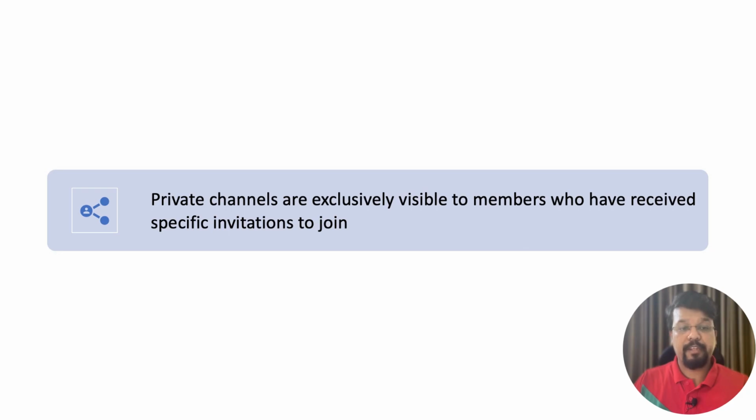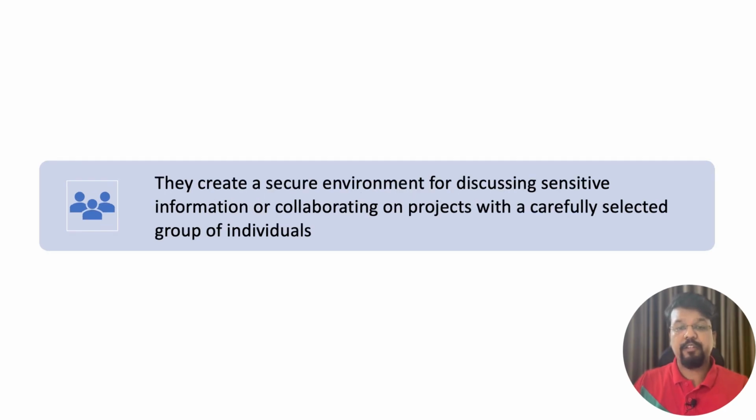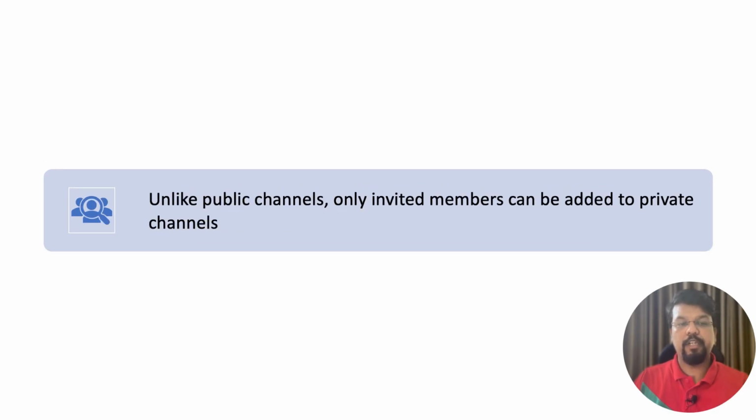Now let's explore private channels. Private channels are exclusively visible to members who have received specific invitations to join. They create a secure environment for discussing sensitive information or collaborating on projects with a carefully selected group of individuals. Unlike public channels, only invited members can be added to private channels.